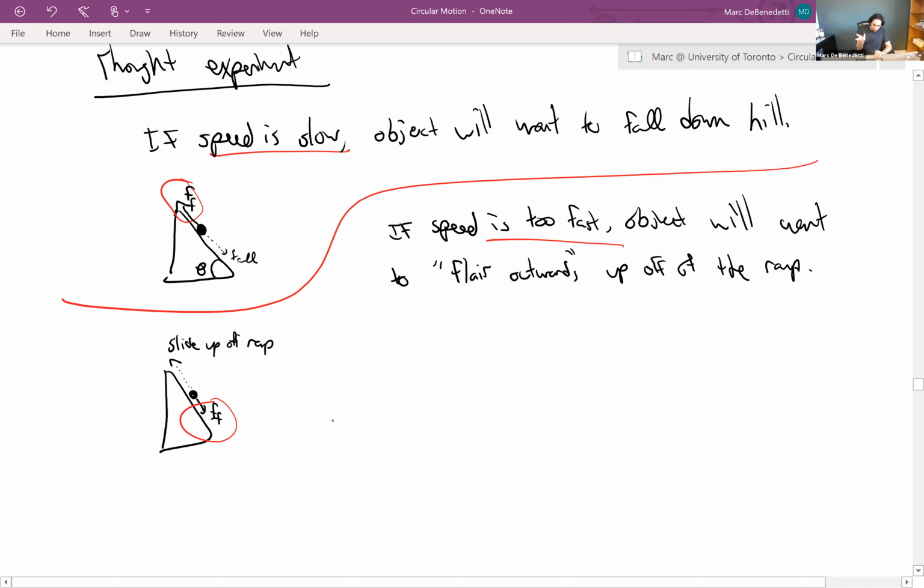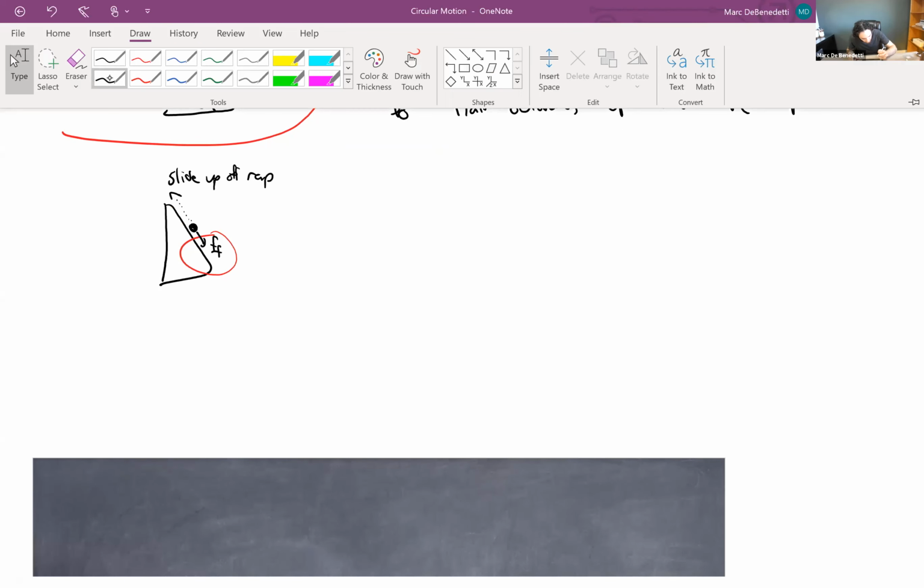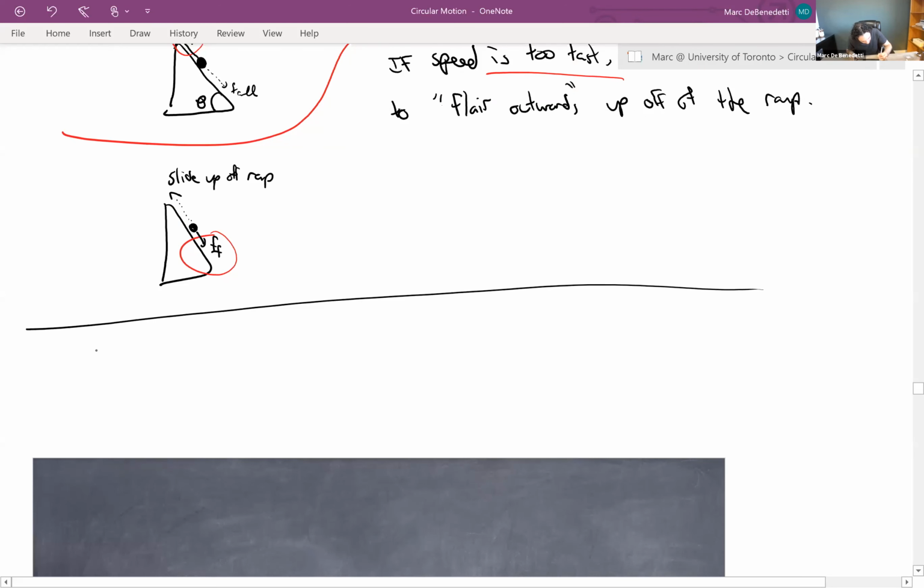And if you want to remember calculus for a second, with the intermediate value theorem, we have one scenario where the speed is too slow and the friction's up the ramp, and another where speed is too fast and friction is down the ramp. There has to be a situation in which we have a perfect speed where there is no friction at all. So here I'll say, if speed is too small, force of friction is up the ramp.